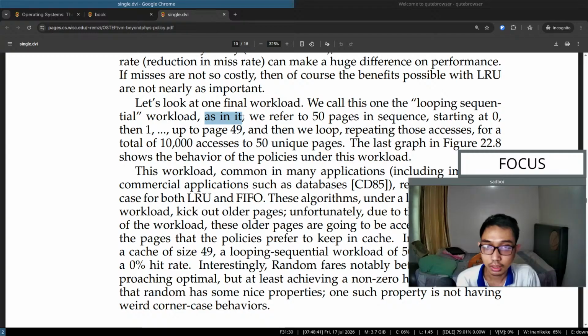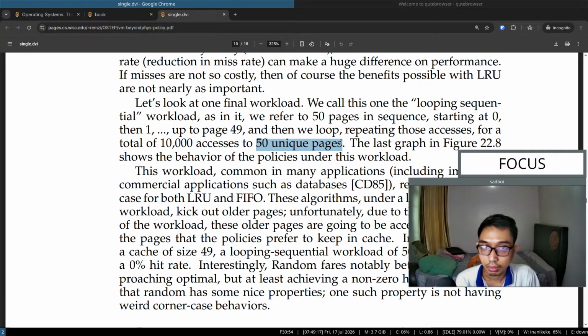Okay, in it, we refer to 50 pages in sequence, starting at 0, then 1, up to page 49. Alright, and then we loop, repeating those accesses for a total of 10,000 accesses to 50 unique pages.